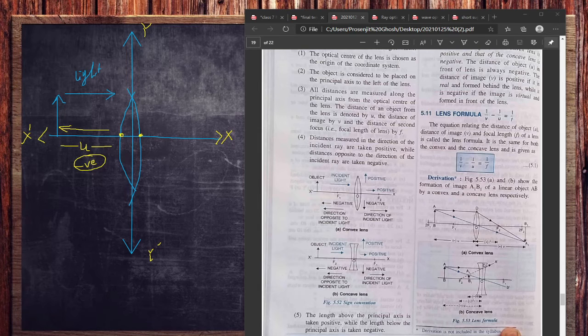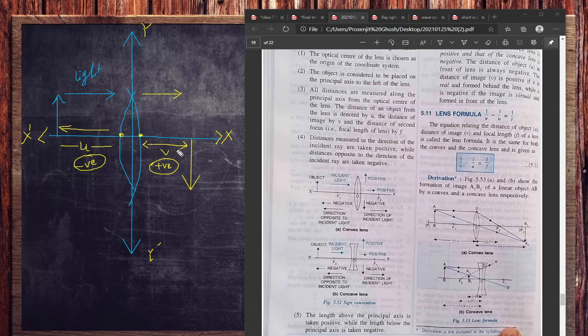Coming to the image, we also need to measure from the pole to the image. Say it is v, and as we are moving along the positive x direction, with the direction of light, it is positive. That is all about position along the x-axis.